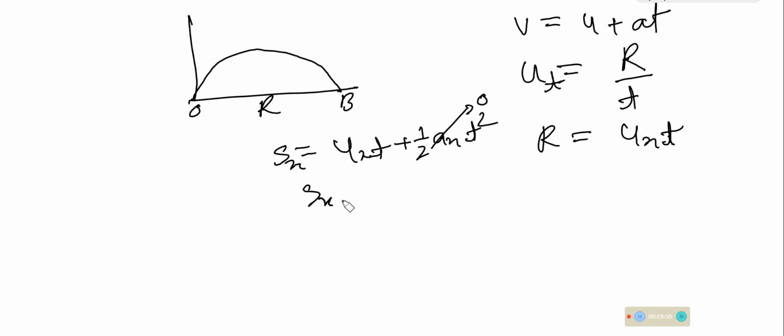So we will get x is equal to ux into t, and this is the horizontal range.